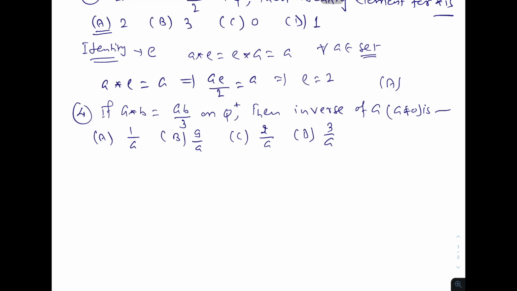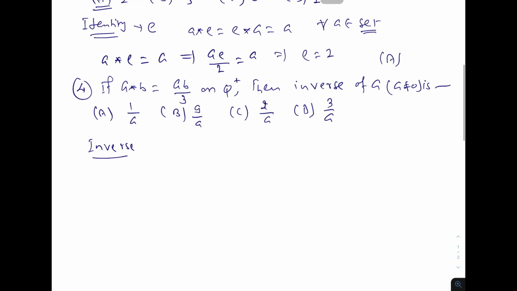Again, what is the inverse? Say E is the identity.